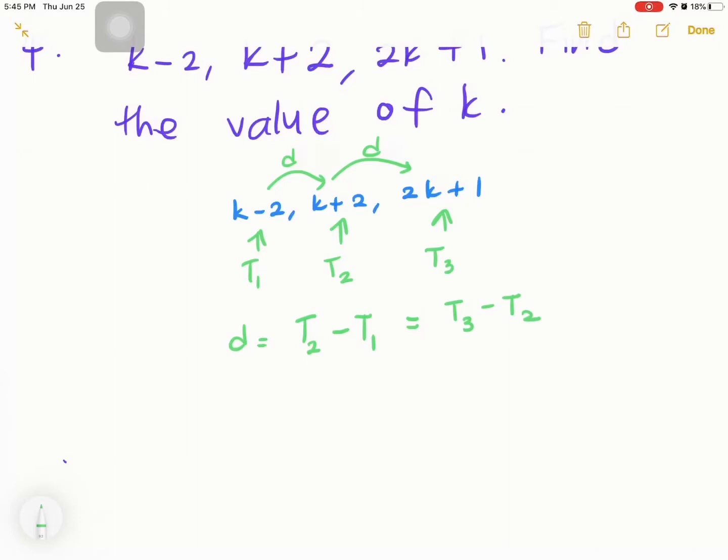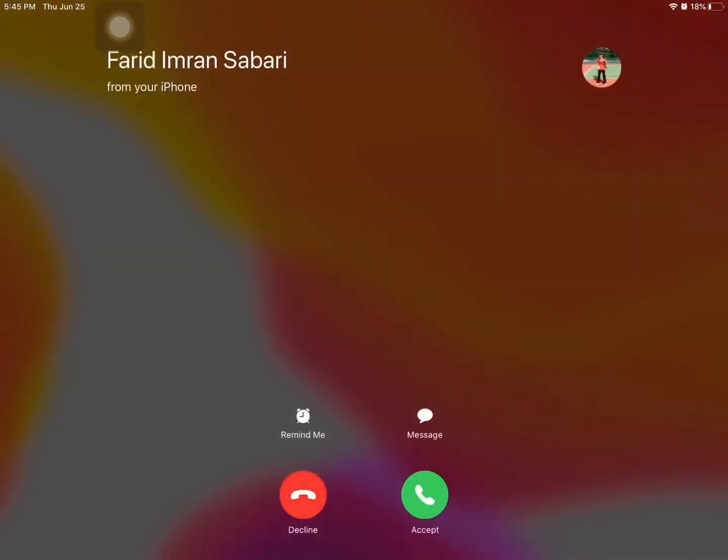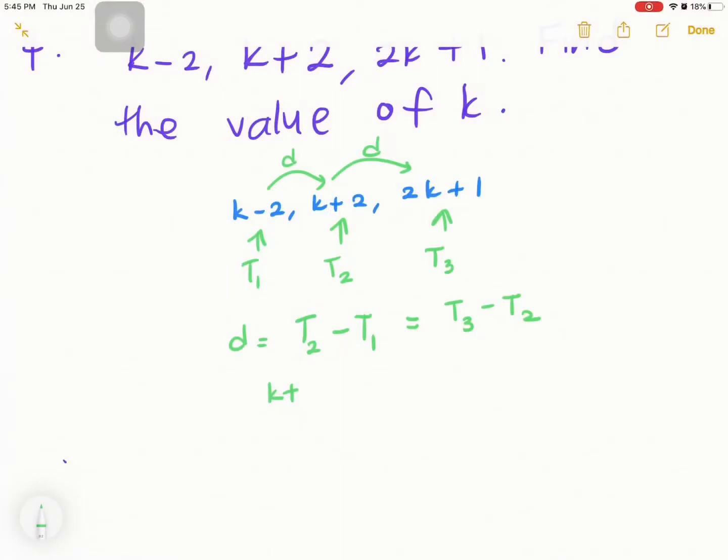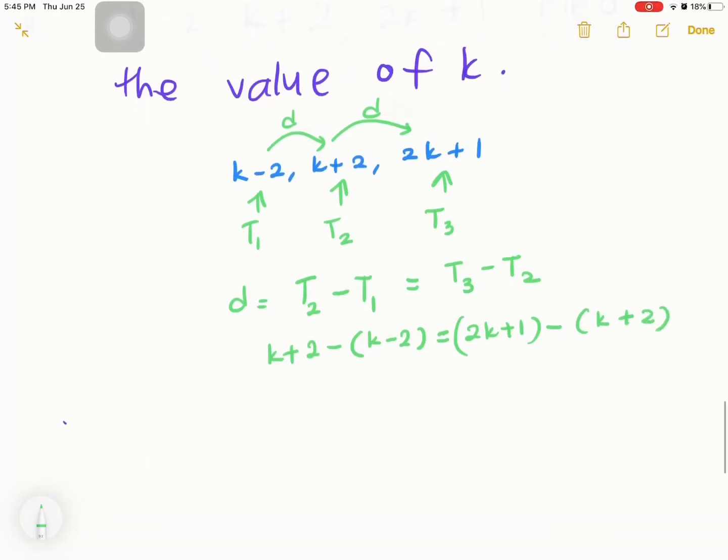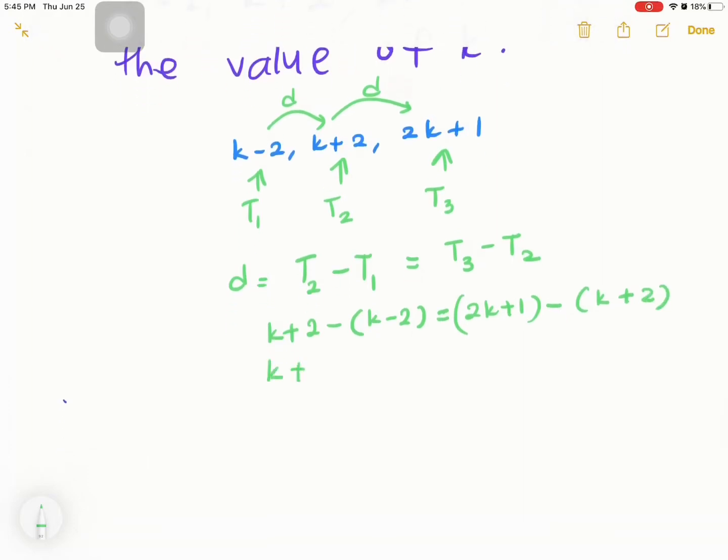So our T2 is k plus 2 minus T1, which is k minus 2, is equal to T3, which is 2k plus 1, minus T2, which is k plus 2. So let's expand this. We have k plus 2 minus k plus 2 equals 2k plus 1 minus k minus 2.